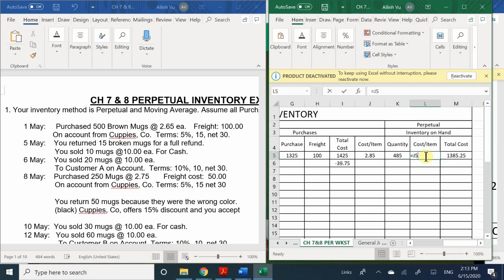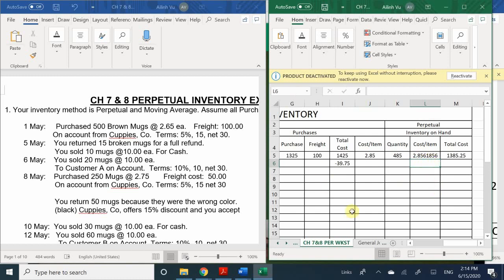And this is going to be recalculated because now you have a different amount. And now this time it's $2.856128.